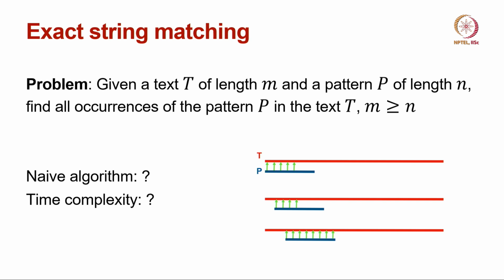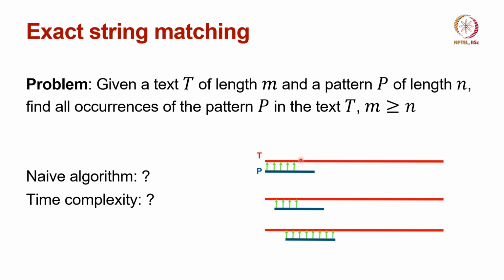Well, the most naive solution that would come to mind is to start matching the pattern at the first position of the text and see whether all the characters of the pattern match the text or not. I can match the first character, second character, third character, fourth character and so on, until either I completely match all the characters or I see a mismatch, and then I would stop the search and move to the second position of the text.